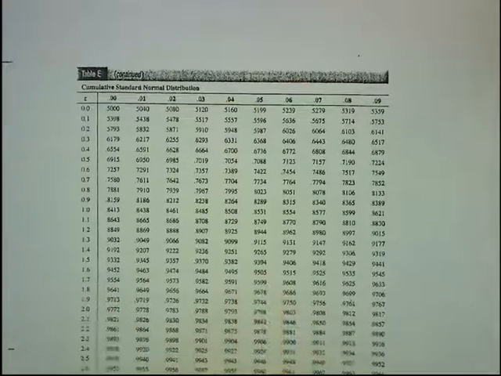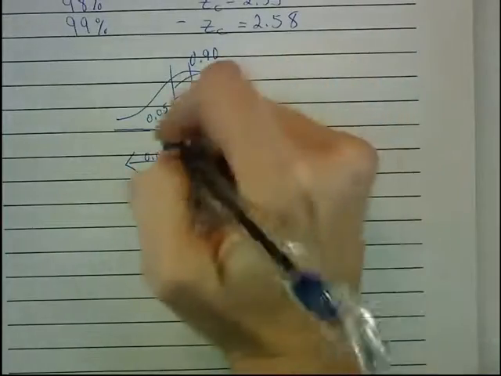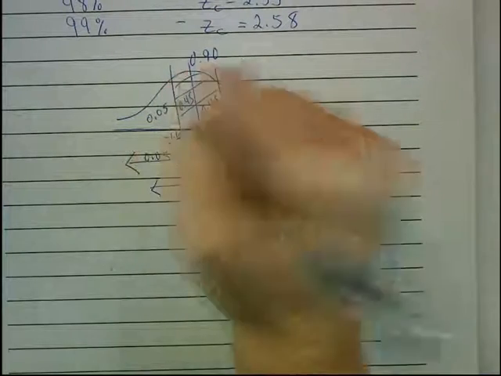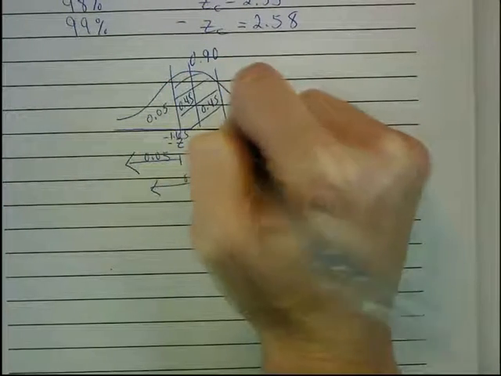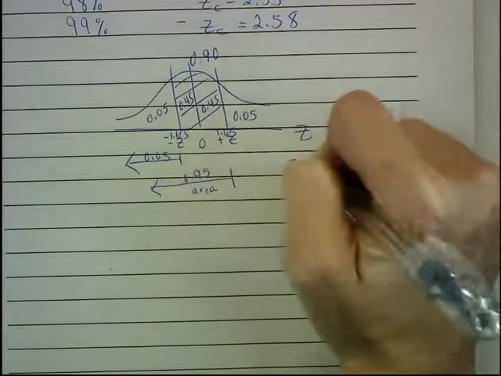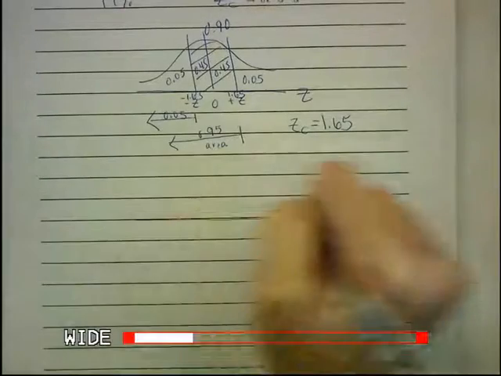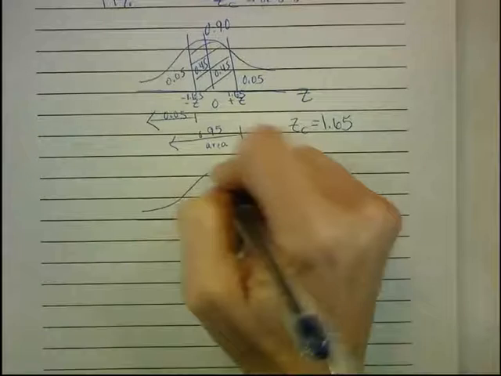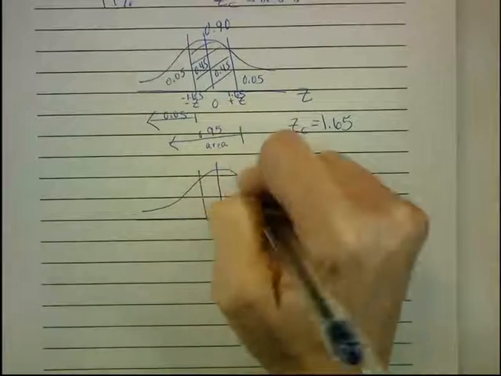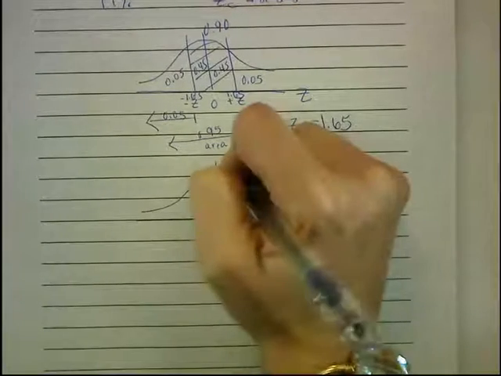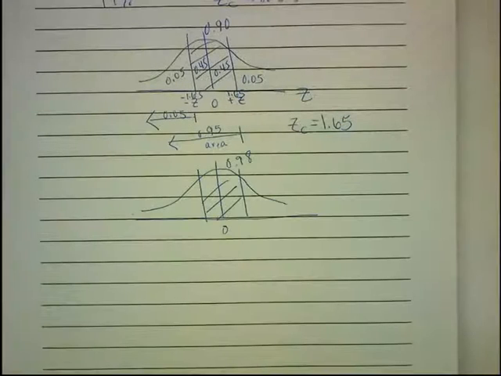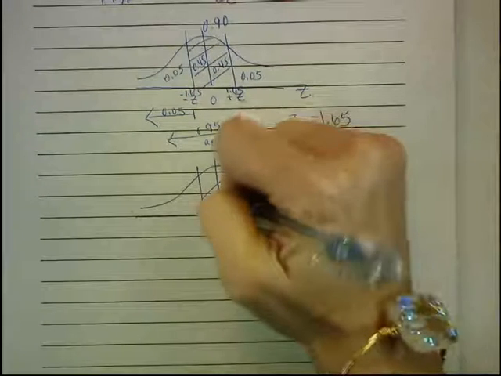So it's plus and minus 1.65, negative 1.65, positive 1.65. But the critical value is always the positive z-score there. So positive 1.65. And you can do that no matter what I tell you is the degree of confidence. If you shade the middle 98%, then half of 98 is 0.49.